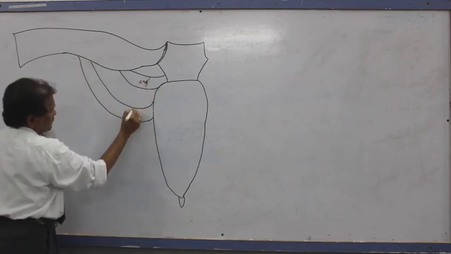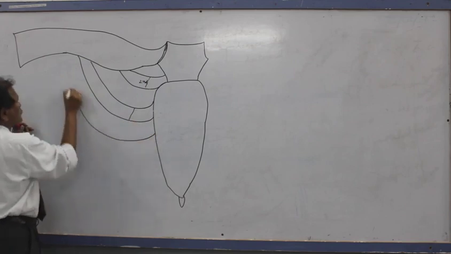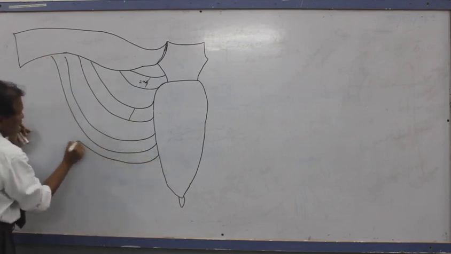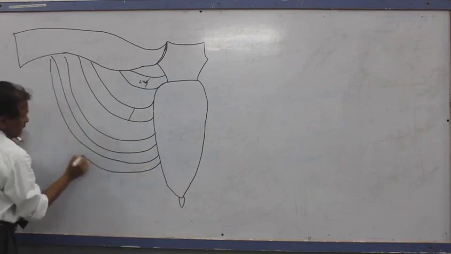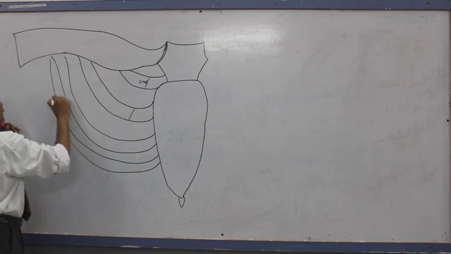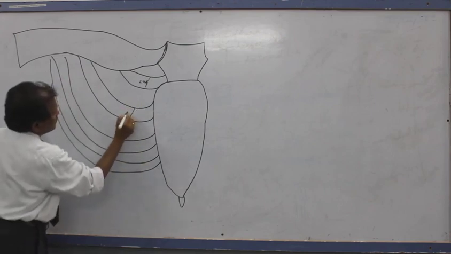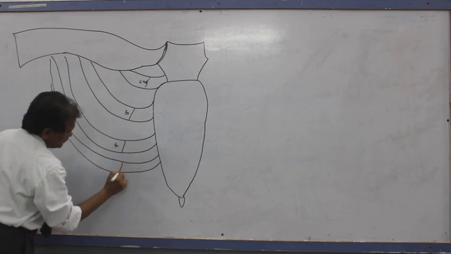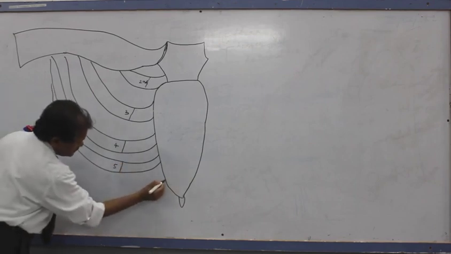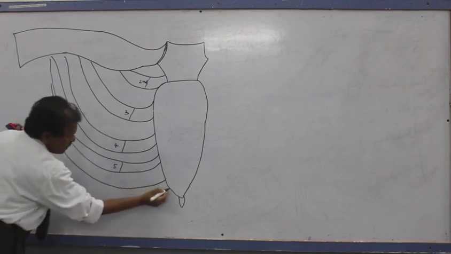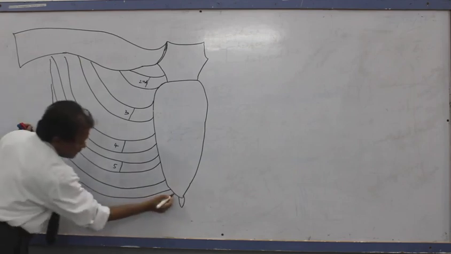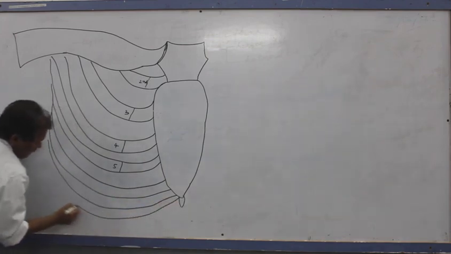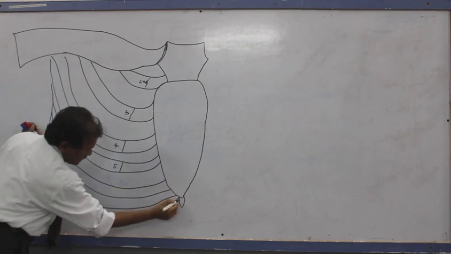This is the second, the third, and this one is the fourth, and it is the fifth rib, the sixth rib, and this one is the seventh, and here the eighth.